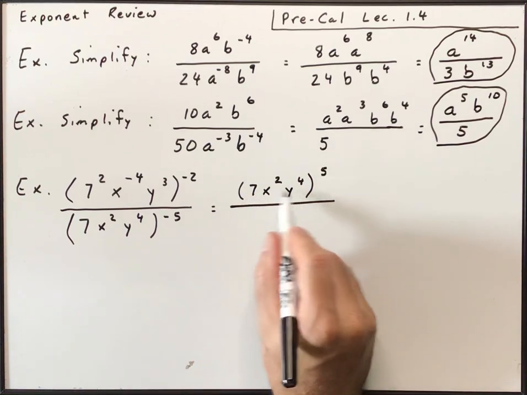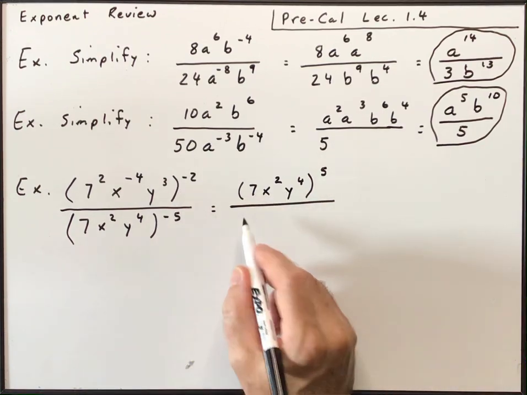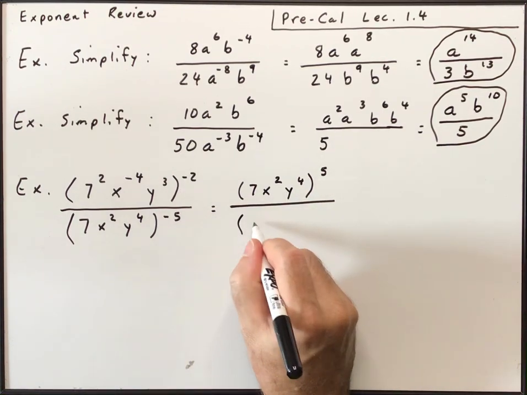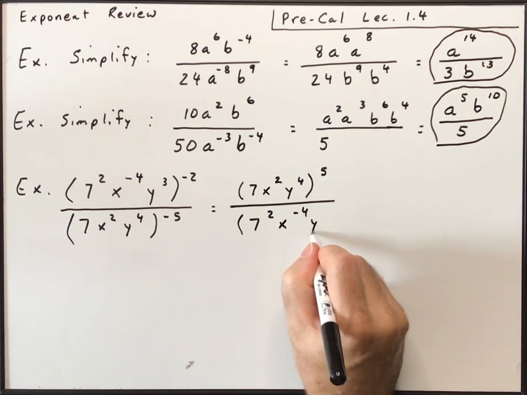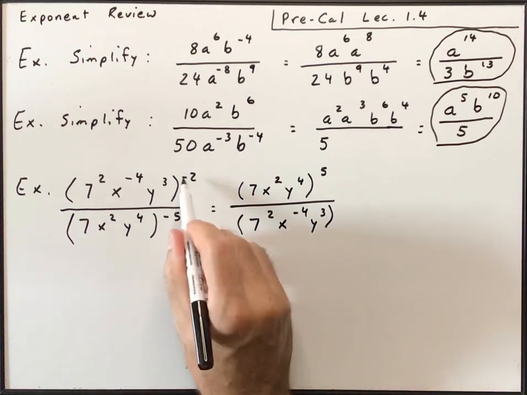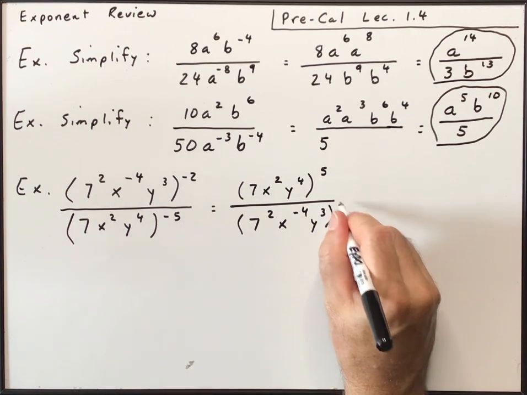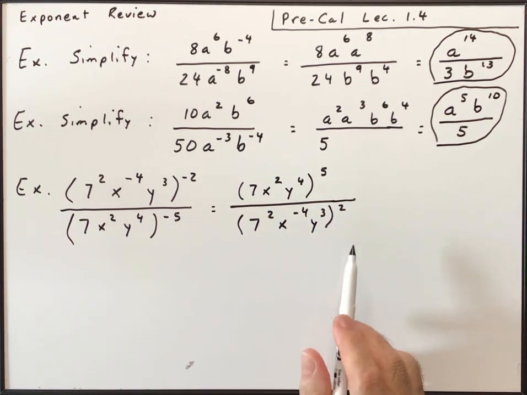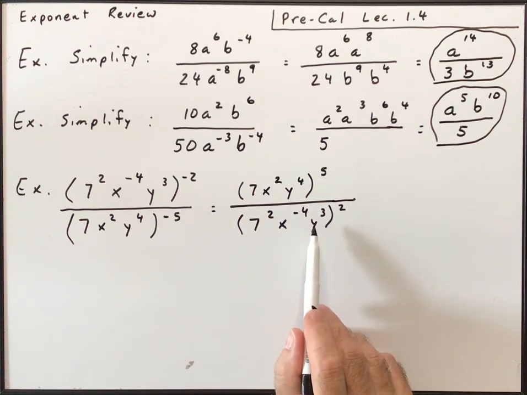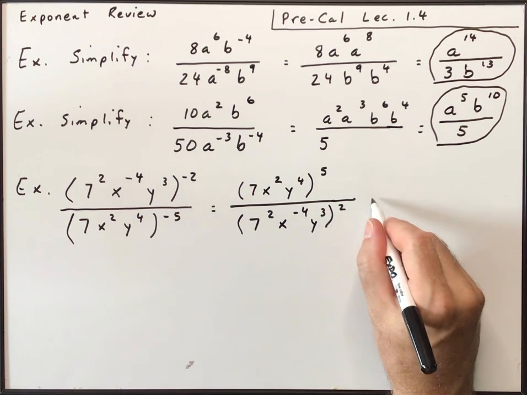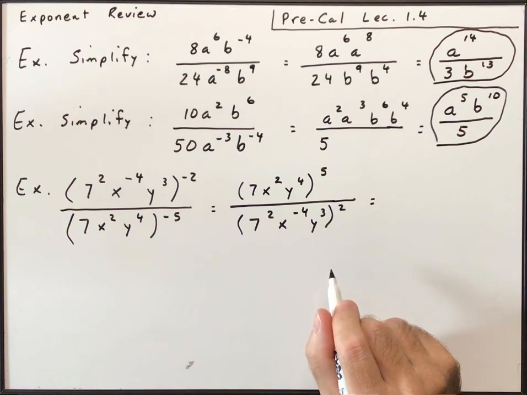You don't change what's inside the parentheses, only what's outside the parentheses. And then on bottom, rewrite 7 squared x to the minus 4 y cubed, and then that's all to the positive 2 power. What that's going to do is give me a whole lot fewer negative terms to deal with. That's why I did that.